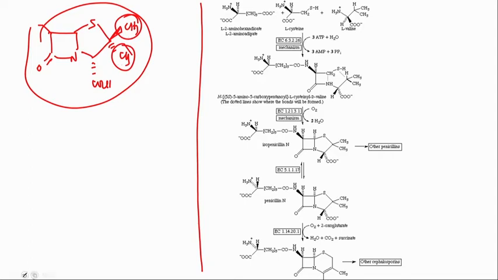But now, if you have a method by which you remove the methyls and put some other group, suppose some other R2, the bacteria becomes a little bit perturbed, right? This is not the same penicillin I was used to destroying, but now there is a new molecule.